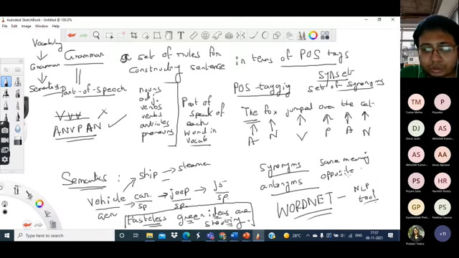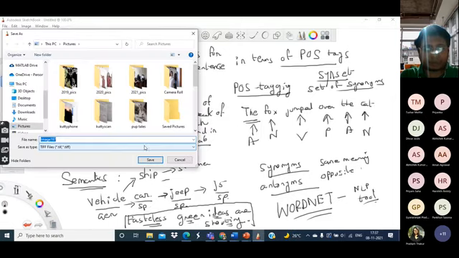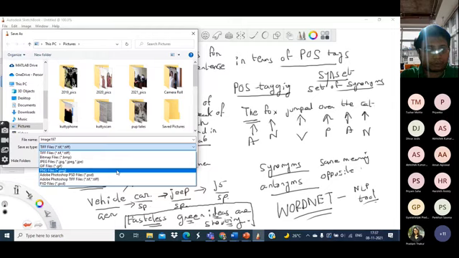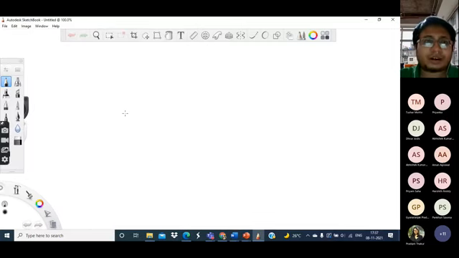So let us consider all the words in a particular language, or at least those words which are present in the particular corpus which we are dealing with. What WordNet does is that it considers the different words as nodes of a graph. Now those words which have the same meaning are clubbed together as a single node.